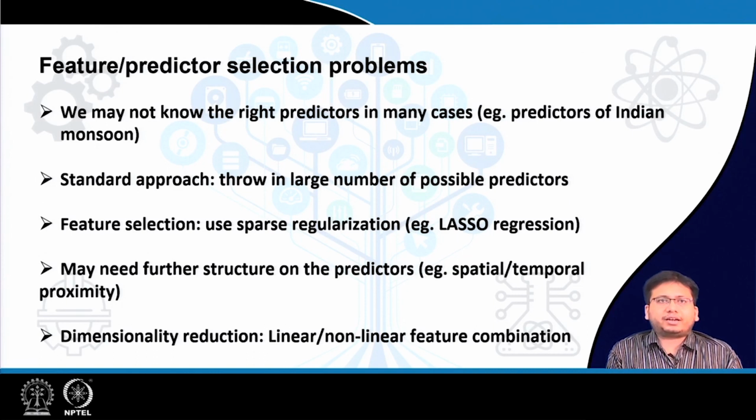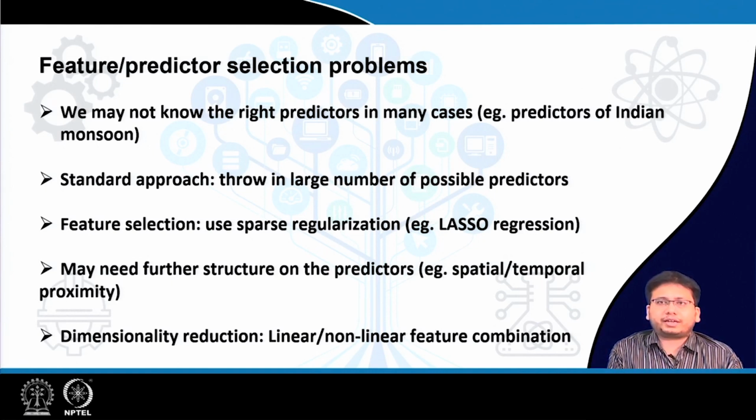Additionally, we may also need some further structure on the predictors, maybe beyond sparsity. For example, they should be spatially or temporally proximal to the quantity that is being measured. Say, if I want to predict the rainfall over India, we know from common sense that the most important predictors should be from nearby regions.